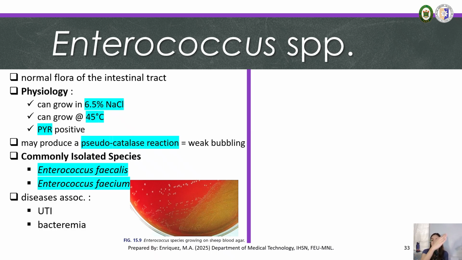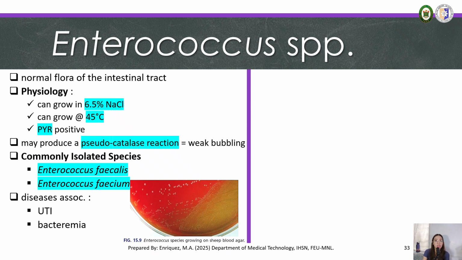Are we way beyond 35 to 37 degrees Celsius? Yung temperature ba kasing init na ng 45 degrees Celsius? Magsurvive pa rin ang Enterococcus species. Okay, so ayan po. Again, Enterococci are capable of surviving slightly harsh conditions, no, such as excessive salt concentration, presence of bile, or a much higher temperature.